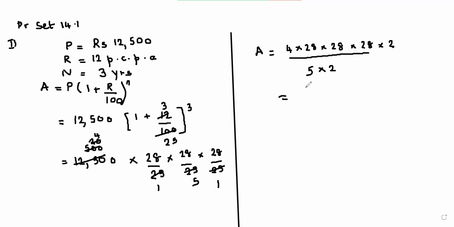So we get rupees 175616 divided by 10. That becomes rupees 17,561.60 paise.